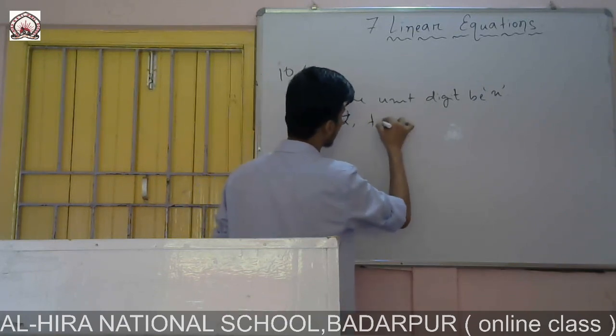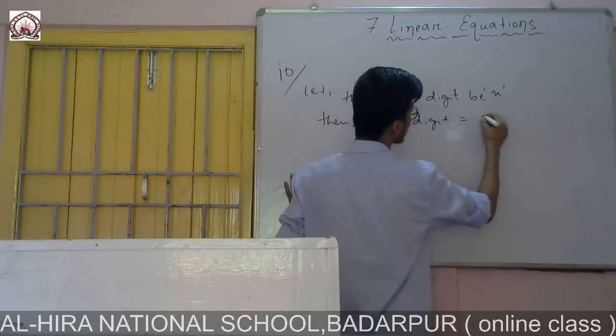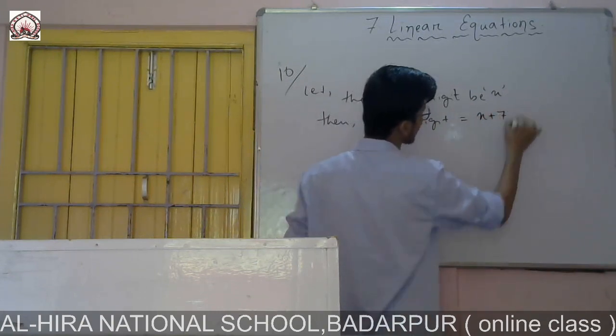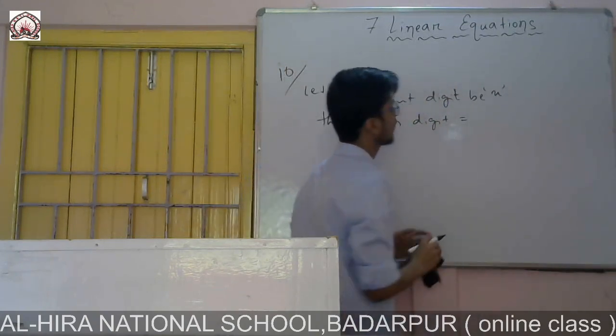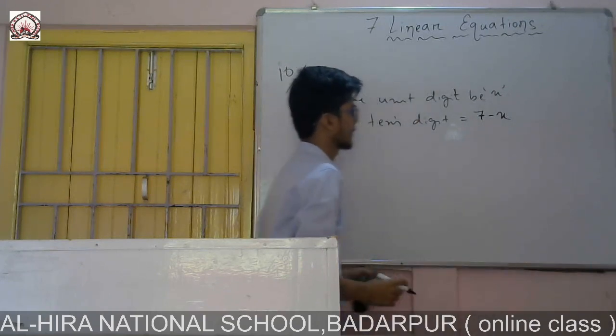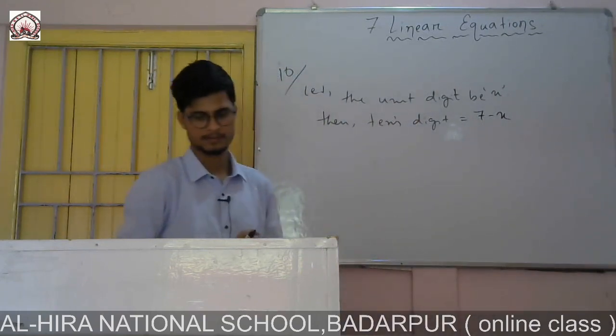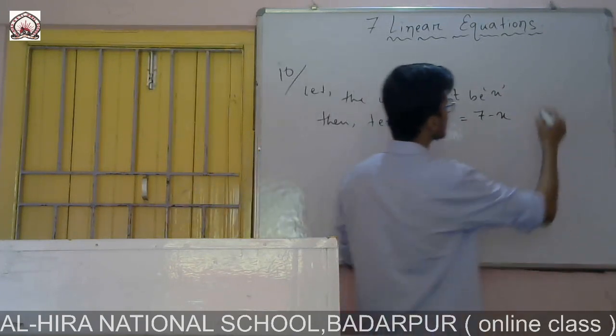Sorry, since the sum is 7, that means the tens digit will be 7 minus x. So let me make one box so that you can understand it easily.